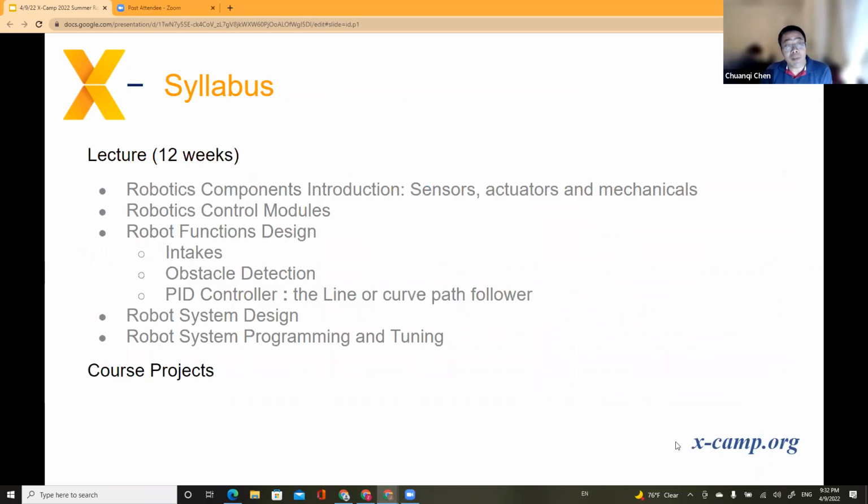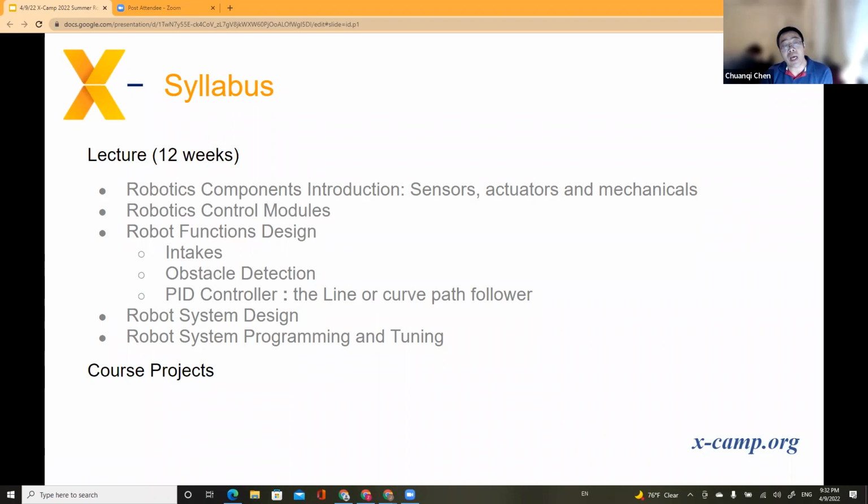So the syllabus: we are going for 12 weeks. Every week there are 2 hours of lecture to talk about all the different subjects, and 2 hours of lab, where the TA and I will work with your students hands-on to program each individual module and then integrate the whole robot together.